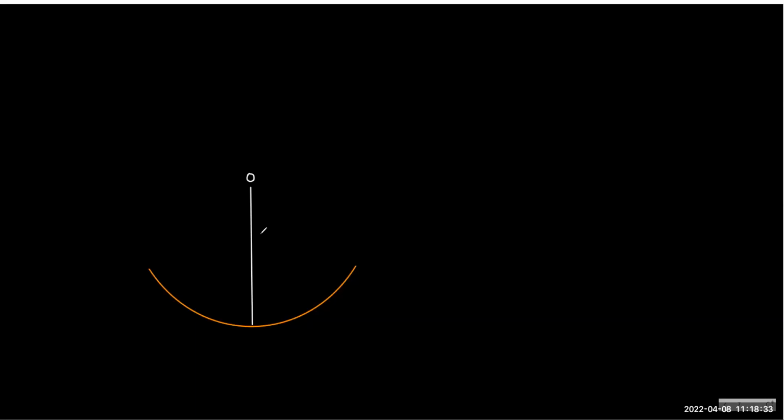The path is a circular path of curvature of radius capital R.